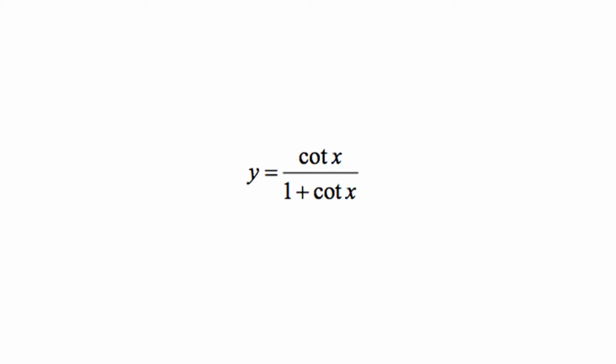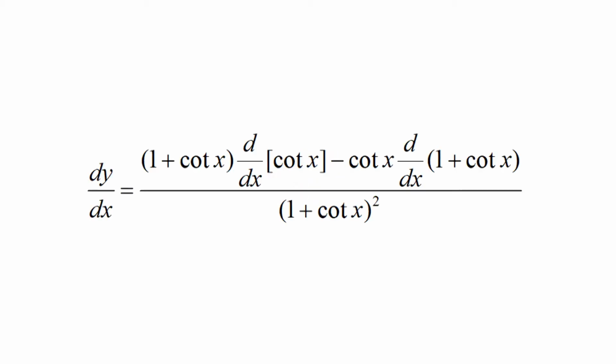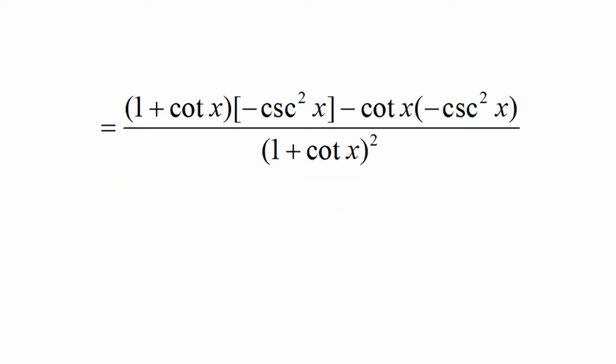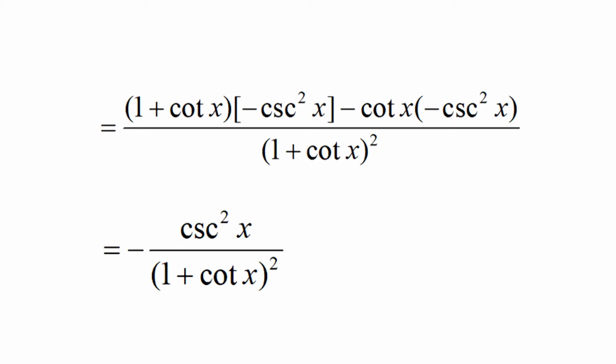By applying the quotient rule for differentiation, dy by dx equal to 1 plus cot x into d by dx of cot x minus cot x into d by dx of 1 plus cot x all divided by 1 plus cot x whole square, same as 1 plus cot x into minus of cosec square x minus cot x into minus of cosec square x all divided by 1 plus cot x whole square equals minus of cosec square x all divided by 1 plus cot x whole square.